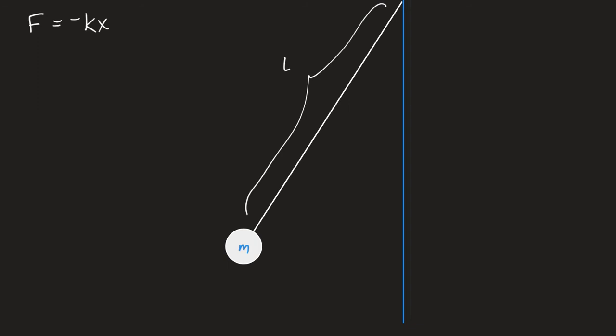Even if it were swinging, when the pendulum makes it to the bottom, even with a velocity, there'll be a tension upwards, which will be greater than the weight, because it's in circular motion.